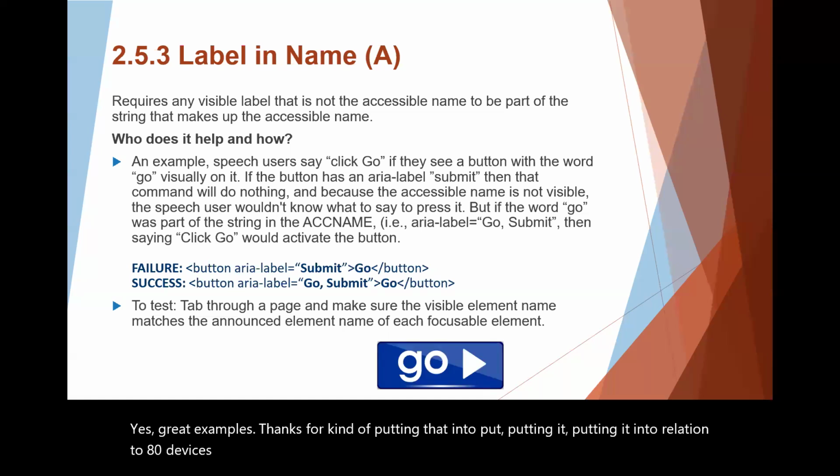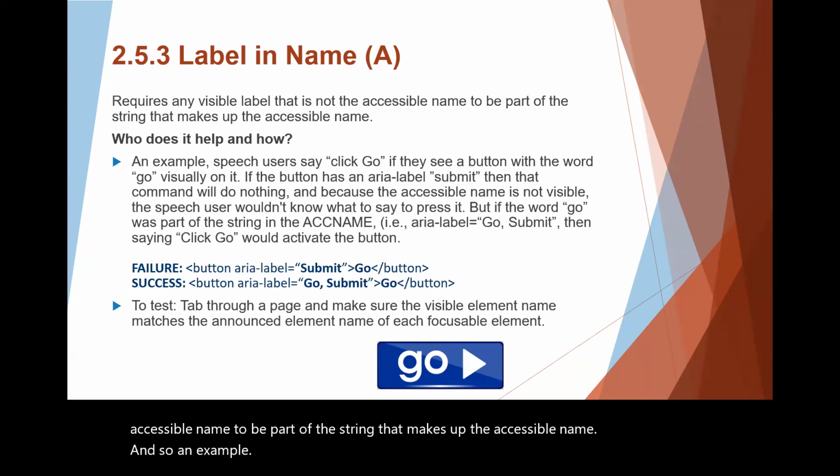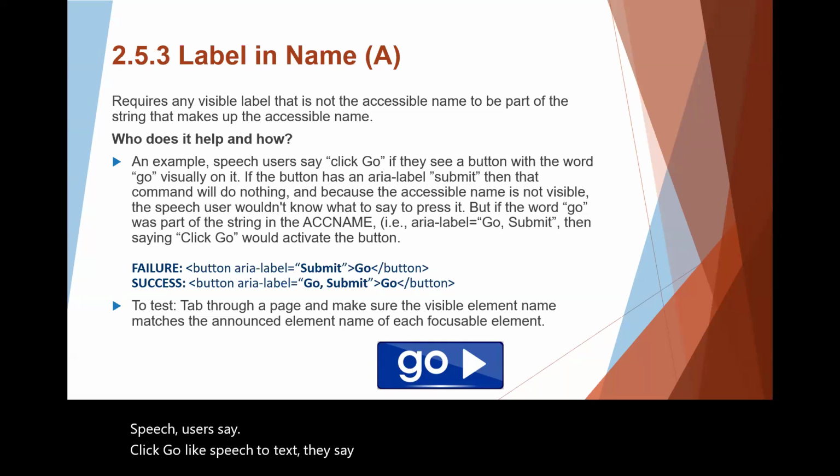Okay, label in name requires any visible label that is not the accessible name to be part of the string that makes up the accessible name. An example, speech users say "click go," like speech to text. They say the words click go.